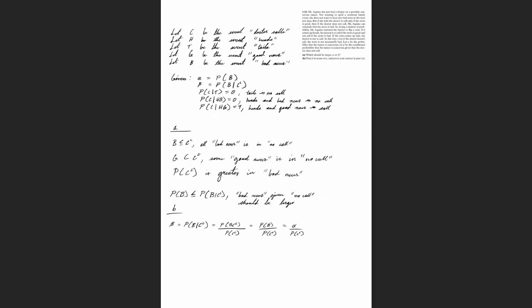So the probability of there being bad news given no call is going to be much more likely than the probability of bad news, because if the doctor flips a coin and gets tails, it could be that the doctor has good news, but the doctor still will not call.